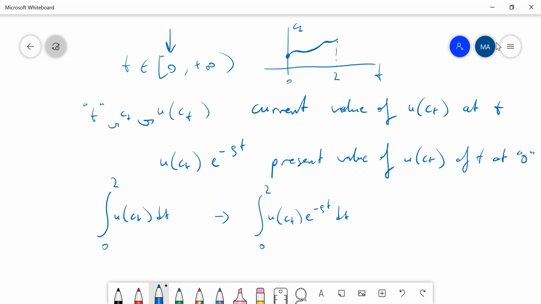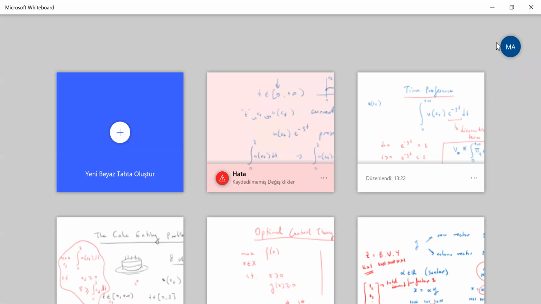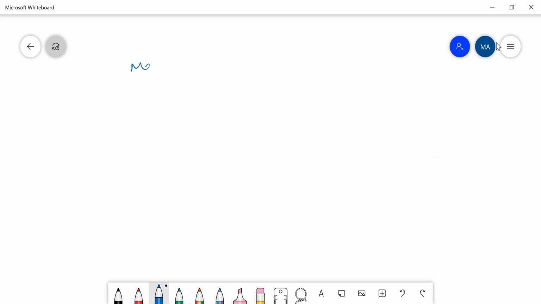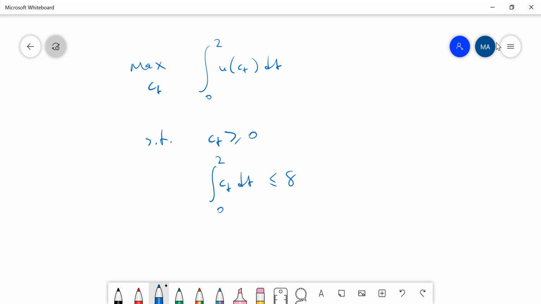So that was the first thing about that problem. Now, recall that we expressed the problem in this way. Maximize the integral from 0 to infinity of U(C_t) dt by choosing C_t subject to this and this. Okay.